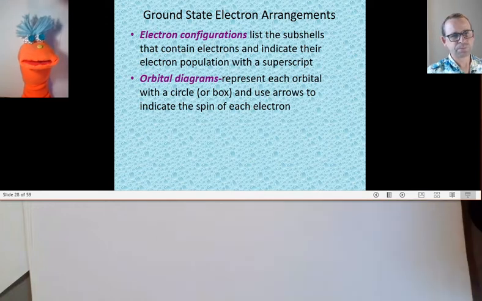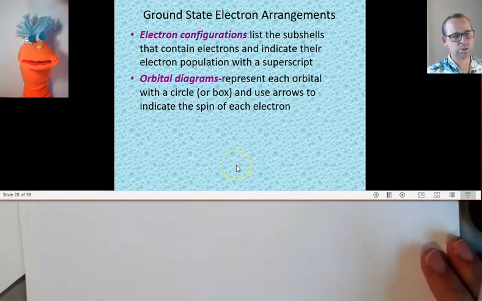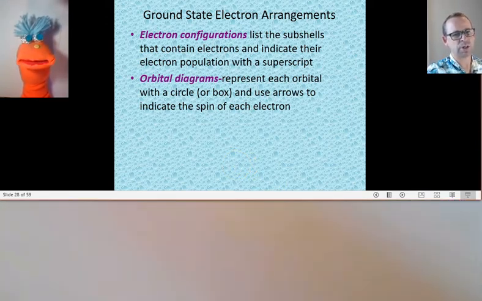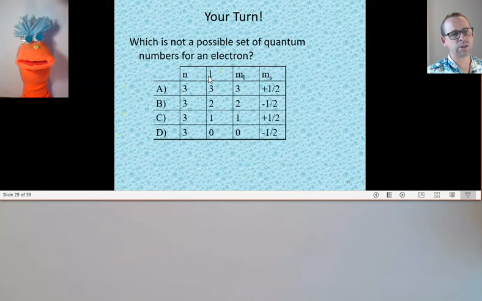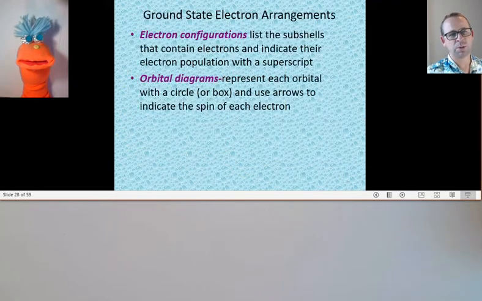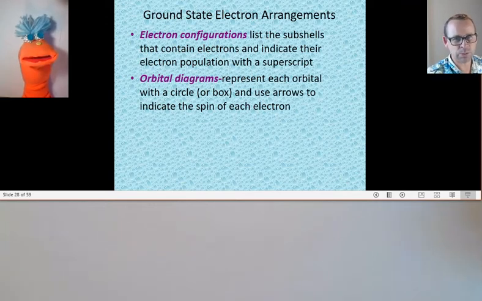So these two tools that we have are electron configurations and orbital diagrams. This is an example of an orbital diagram, and the electron configuration we'll show you in a bit here. But these are very helpful tools in understanding how electrons and how atoms behave.